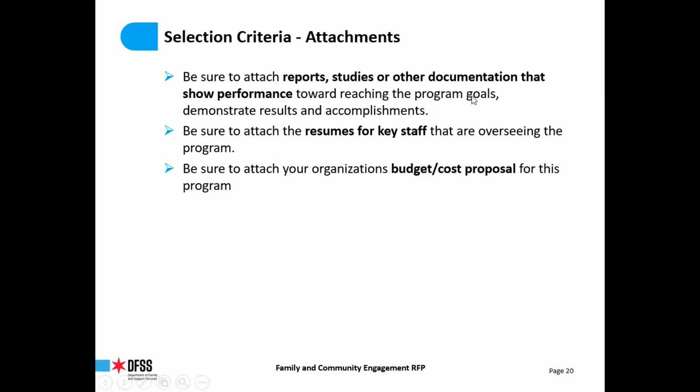There's a whole list of other documents that everyone who applies to the City of Chicago, regardless of the program, has to supply, like your SAM and proof of insurance, articles of incorporation, and the like. So please remember to include all of those pieces. They're all listed out in the RFP. Next.